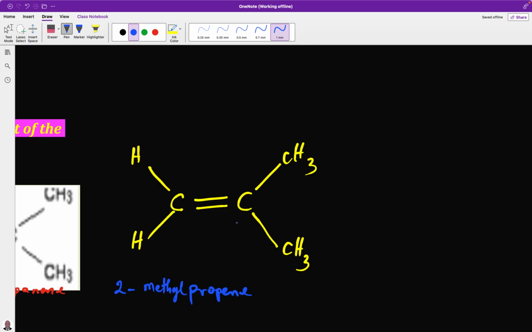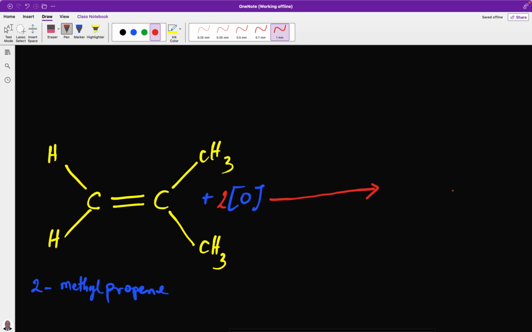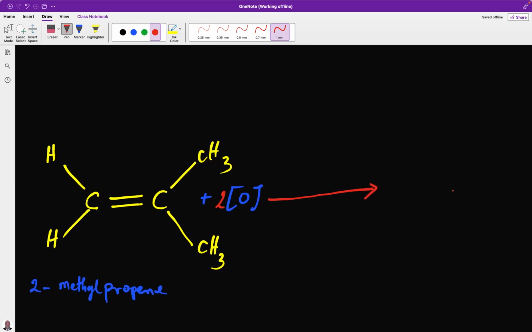And when oxygen is added there, oxygen is from the oxidizing agent. Let me say I am adding 2 atoms of oxygen under these harsh conditions.